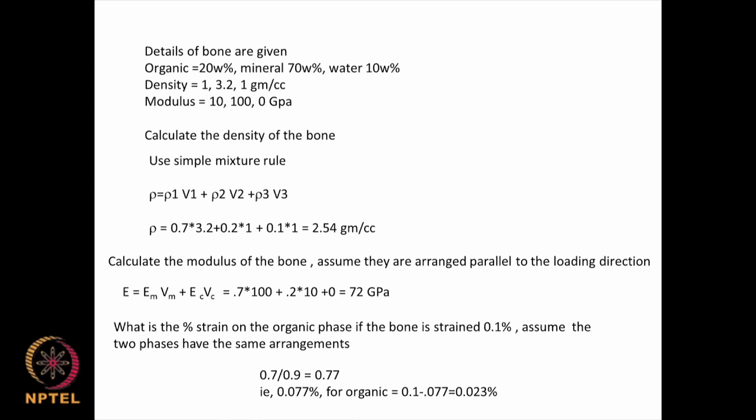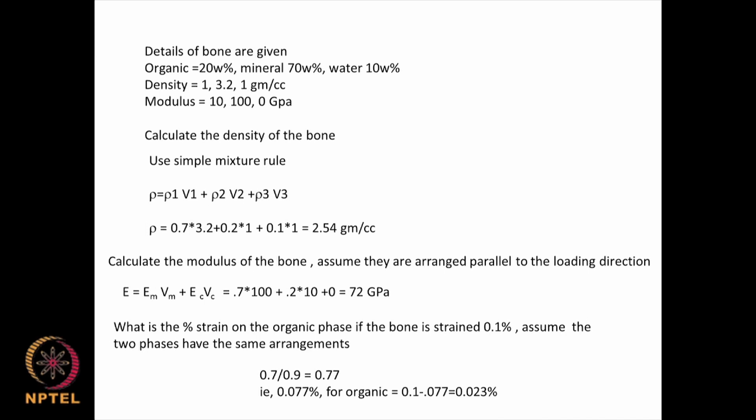For the organic it will be the other way, so we put it as 0.2 divided by 0.9. So that will come to 0.023. So the percentage strain for the organic will be 0.023. So for the organic, it will be 0.1 minus 0.077, that will be 0.023%.